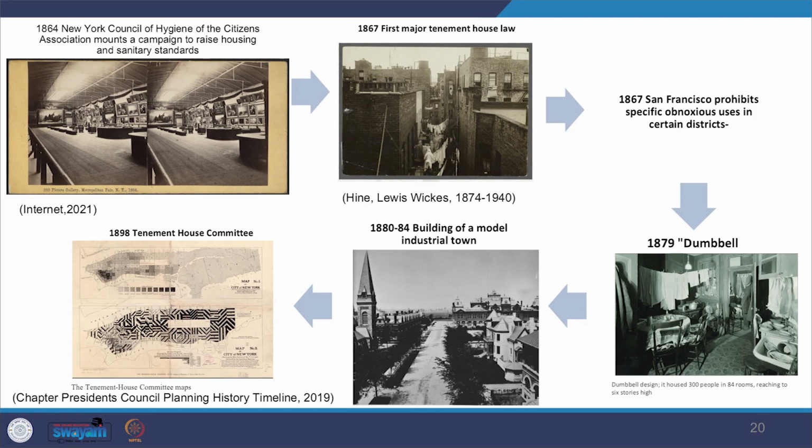Later, in 1880-84, we see the building of Pullman, Illinois, a model industrial town by George Pullman. In 1879, you also see the old New York tenement house law.